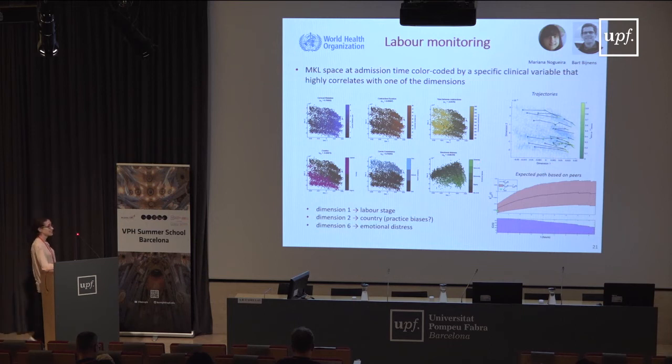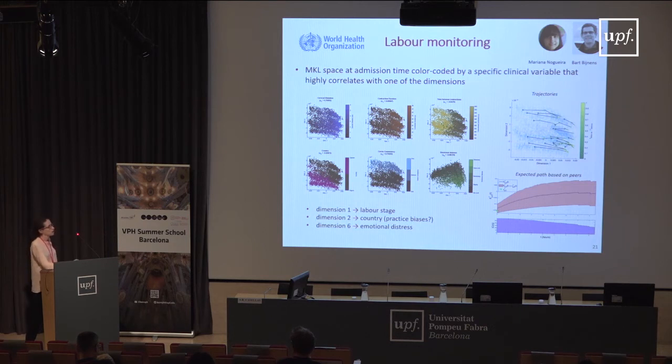We can use these trajectories to try to predict the trajectory of a mother. When a new mother arrives, we can project her data onto this output space and predict her trajectory. Besides, this prediction can be updated with every follow-up.